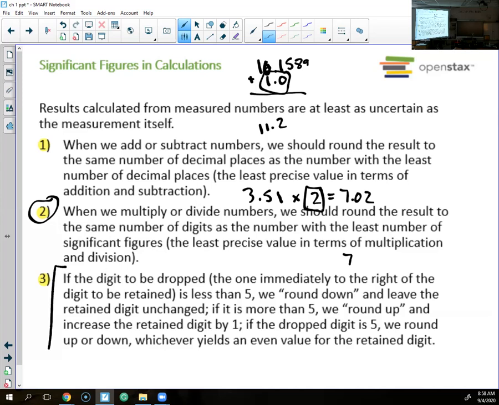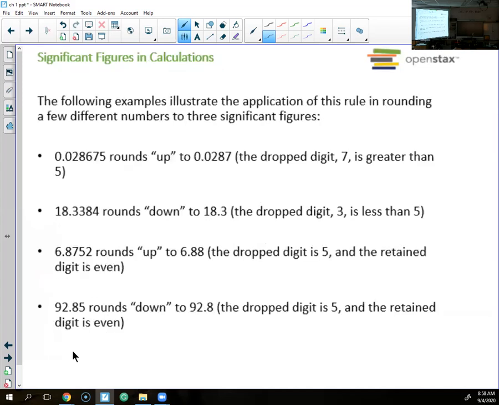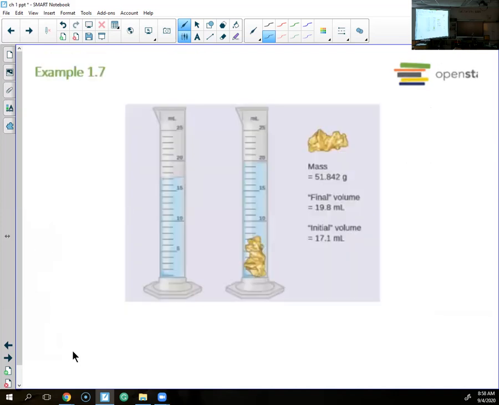And then this just explains rounding, which hopefully you learned a long time before today. And then there's more rounding. So this is talking about density. We know the mass, so 51.842. Then I have my initial volume and my final volume.